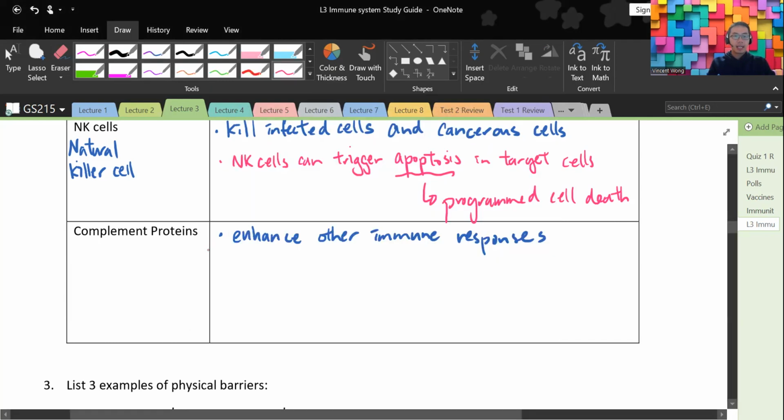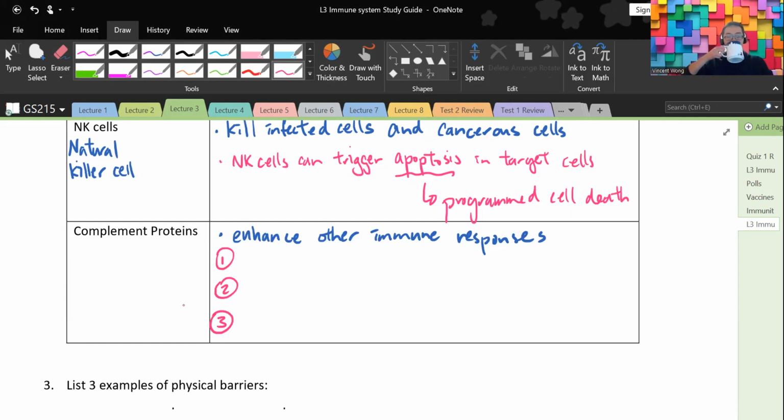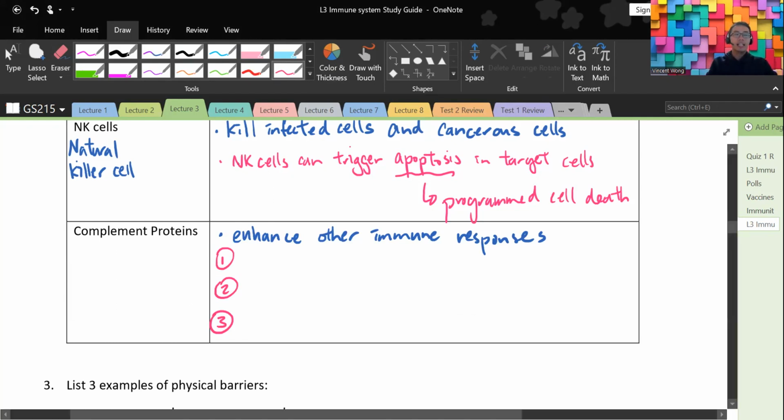In the lecture, I gave you three ways of how complement proteins can enhance other immune responses. Does anybody want to help me out here? Recruit WBC. That's right. So they can leave behind chemical trails for white cells to follow, and that allows them to recruit WBC to the site of infection.